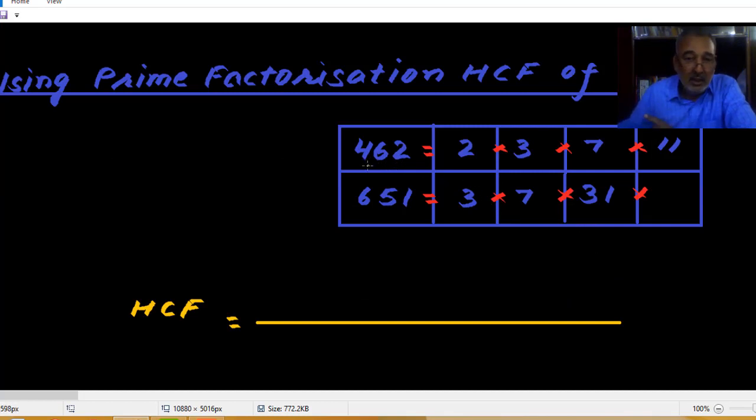In earlier cases, I have expressed 462 as the product of its primes, and 462 has primes 2, 3, 7, 11. Is it clear? 651 is expressed as a product of 3, 7, 31.